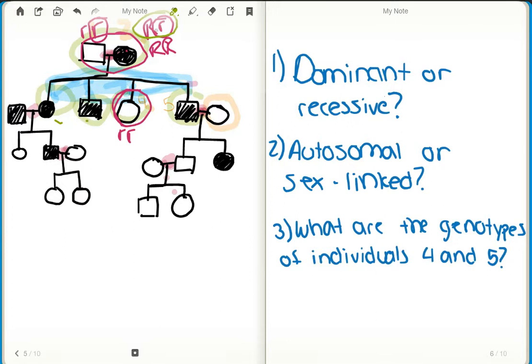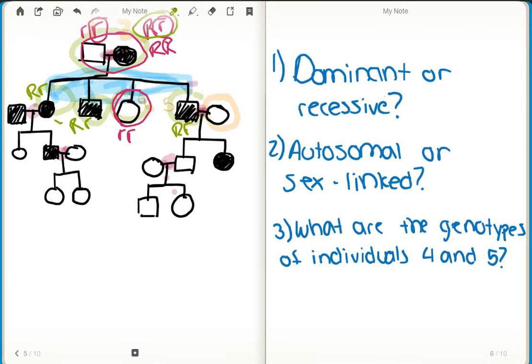Moving on from that, we cannot find this individual because he has the same issue as the mom. He could have gotten one dominant allele. Oh no, we do know that because he cannot get two dominant alleles because the father does not have the dominant trait. So we know he has to be heterozygous. So the rest of their children are heterozygous.